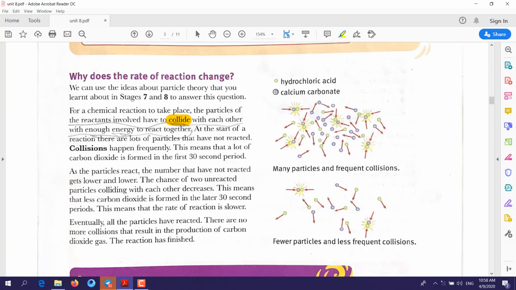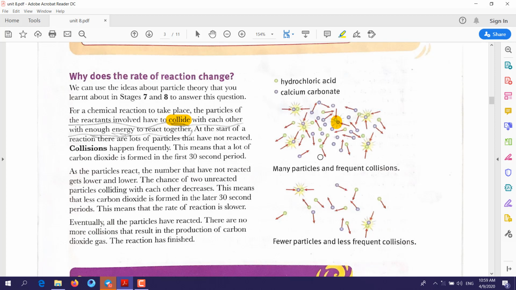The purple or blue ones represent the calcium carbonate. If you focus on the arrows, at the start of the chemical reaction there are a lot of particles, so they are hitting each other. When they hit each other, they form a new substance.